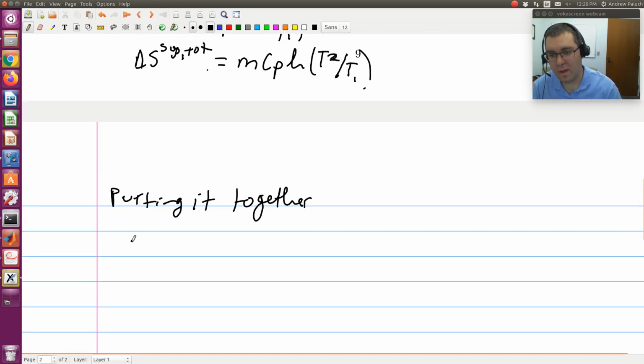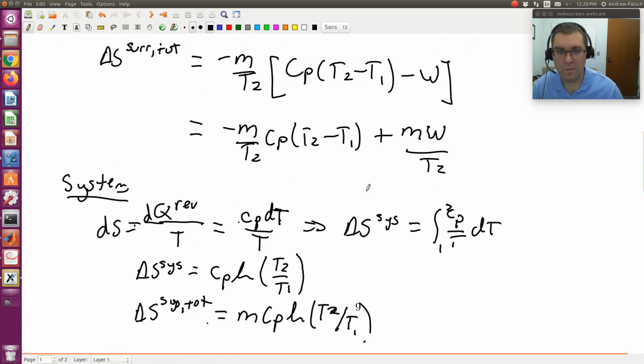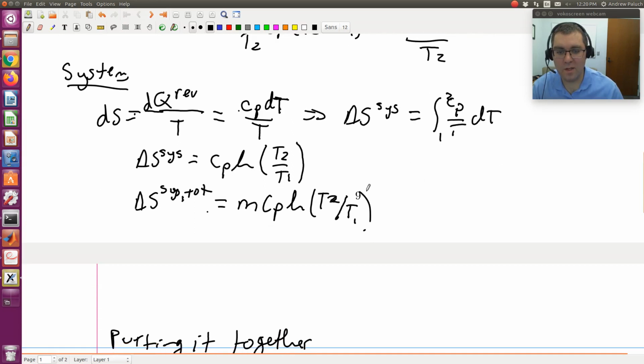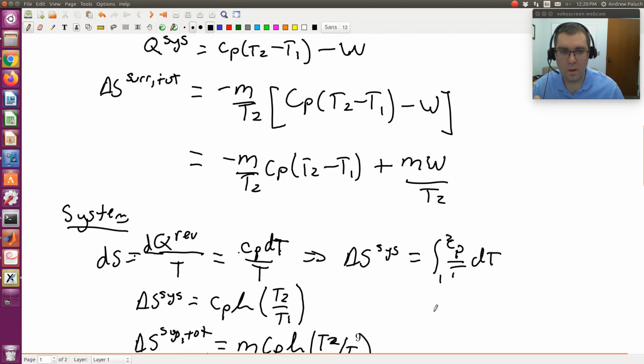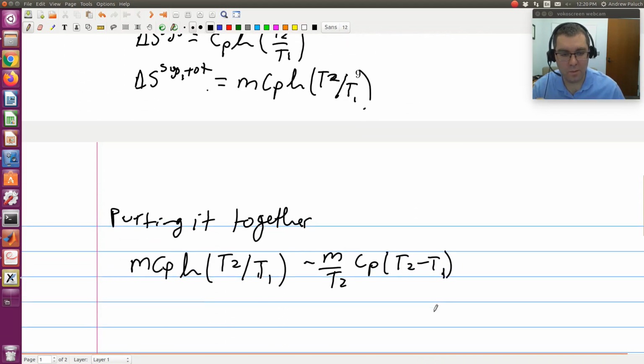So we have the mCp log T2 over T1, so that's positive. Then minus m over T2 Cp T2 minus T1, then positive m over T2 W is equal to 0.